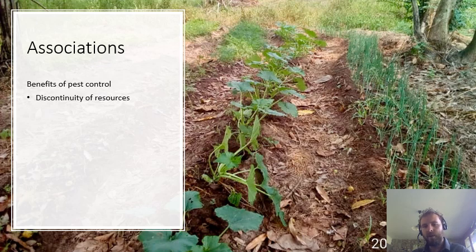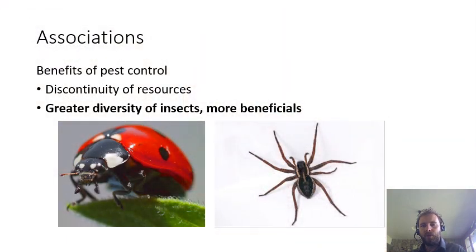So if you have, for instance in this picture, an association of onion with courgette, then the distance and the ease for the pest and disease to get from one line of onion to the other is bigger, and the speed of the spreading of the disease and pest will be smaller. Then, of course, you have a higher biodiversity with crop association, as we saw on the picture before.